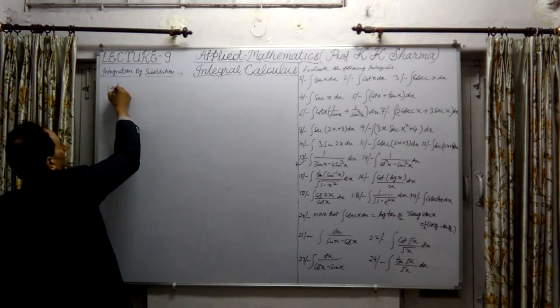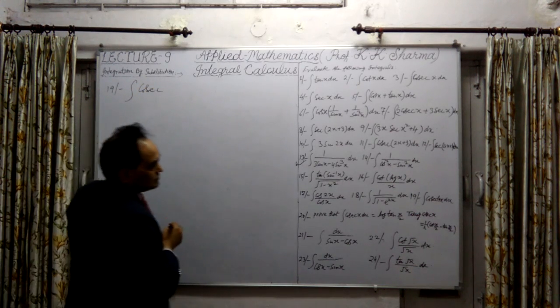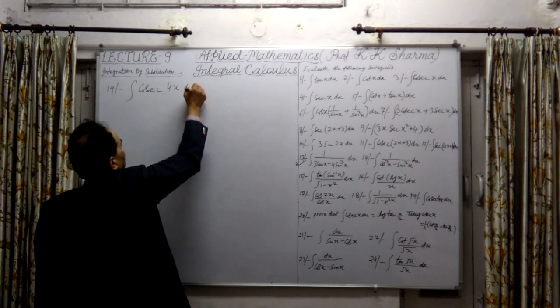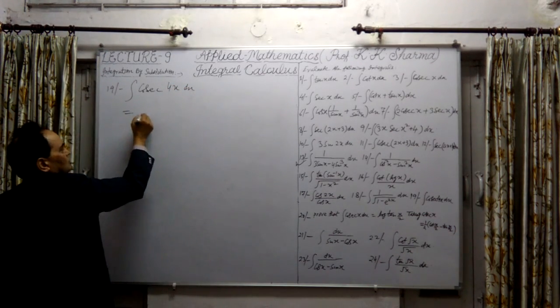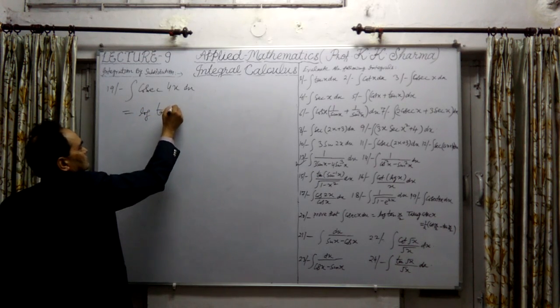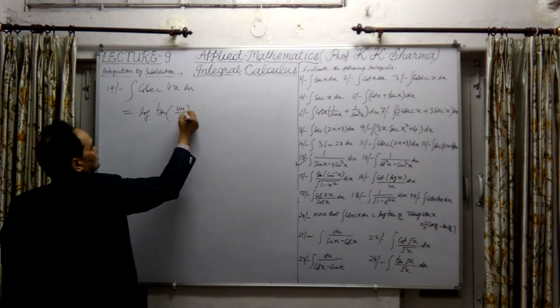Question number 19. Here it is cosec 4x. Directly we can do this integration: log of tan t by 2, that means tan 4x by 2.